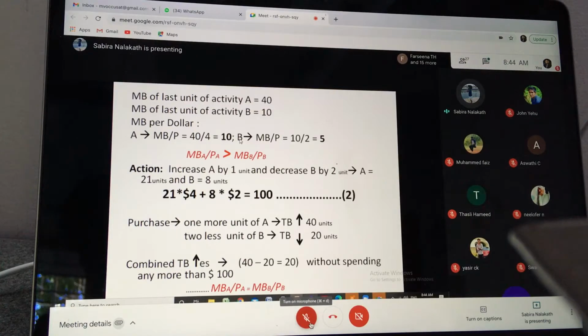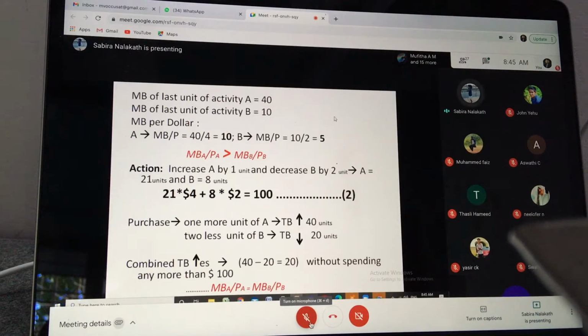And for activity B, the additional benefit after introducing activity B is 10 and the price is 2, so that is 5. Here we can see that the marginal benefit of A per dollar, 10, is greater than the marginal benefit of B per dollar, 5.